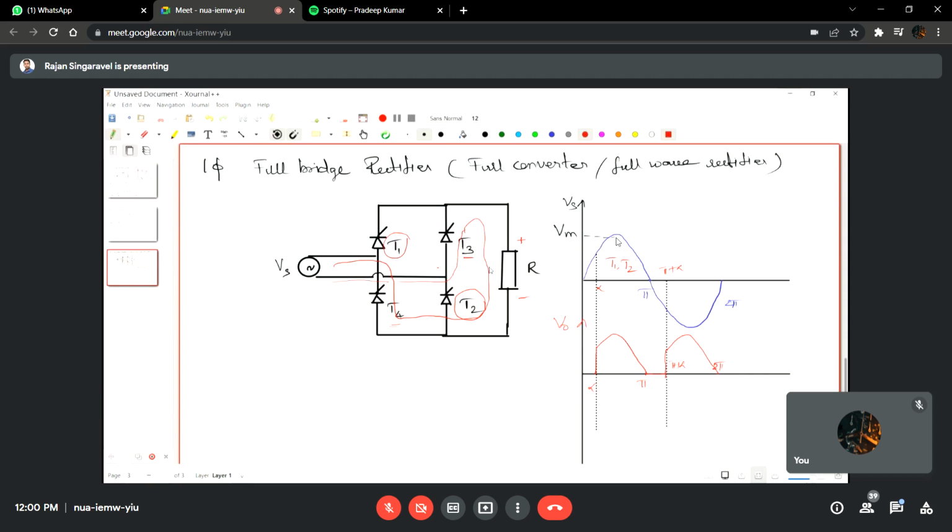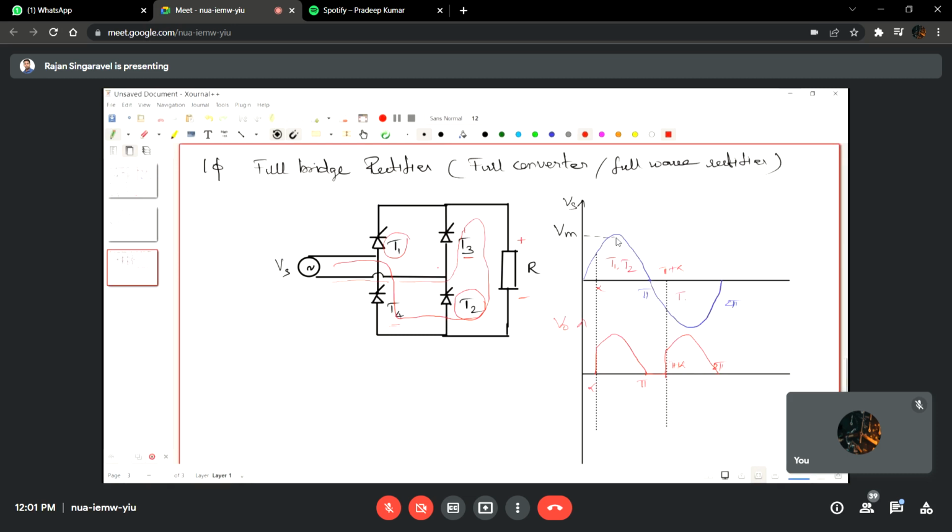Means that during the first half cycle, T1 and T2 play a role, and during the second half cycle, T3 and T4 play.